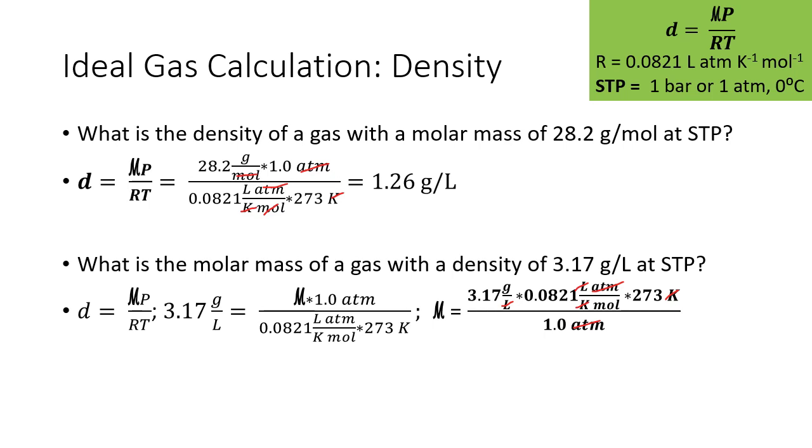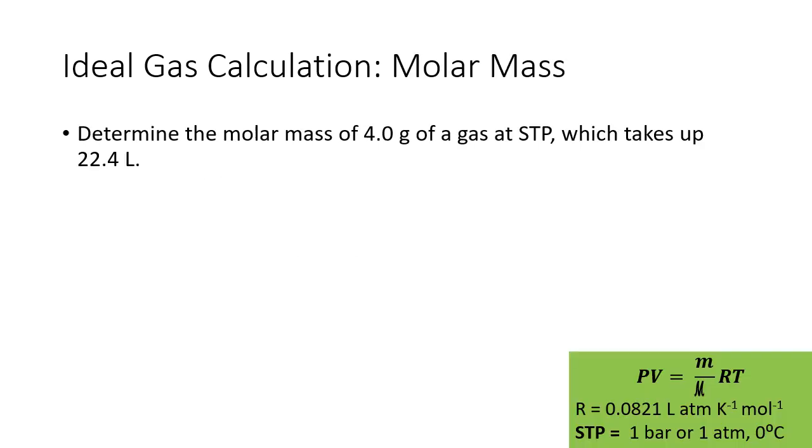All I've done here is algebra. I plugged in the numbers and I isolated that script M, the molar mass. After I plug that into my calculator, I get 71 grams per mole, which is the approximate molar mass of chlorine gas. So let's try something with the other equation that we've derived.